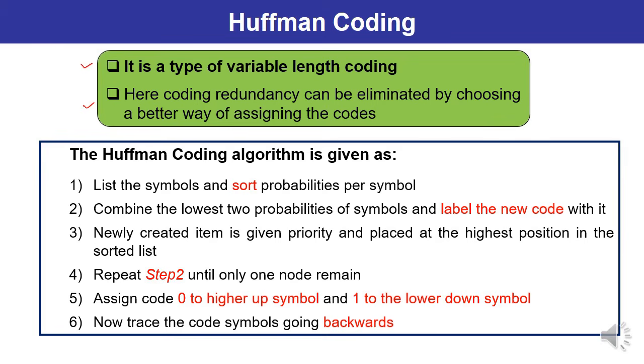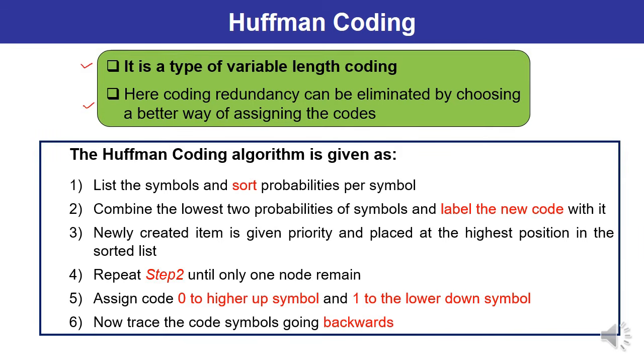You must remember the Huffman coding algorithm. First, let me tell you the steps required, then we will discuss it with the help of a numerical as well. In Huffman coding, first you have to list the symbols and sort their probabilities. This is the first and very required step.